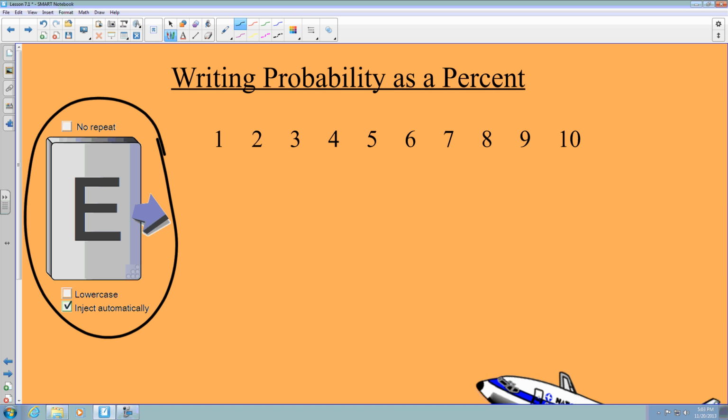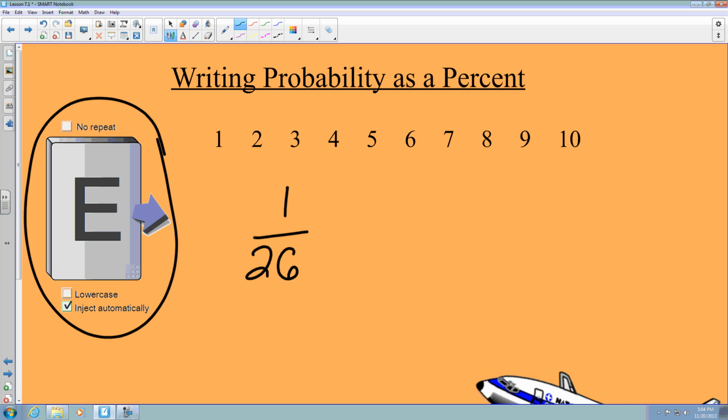Say we were given a deck of cards that had the alphabet on it. How many letters are there in the alphabet? There are 26, and I want to know the probability, as a percent, of me drawing, say, an E. If there are 26 cards in this deck, and only one of them has an E on it, that means I have a 1 in 26 chance of getting an E.